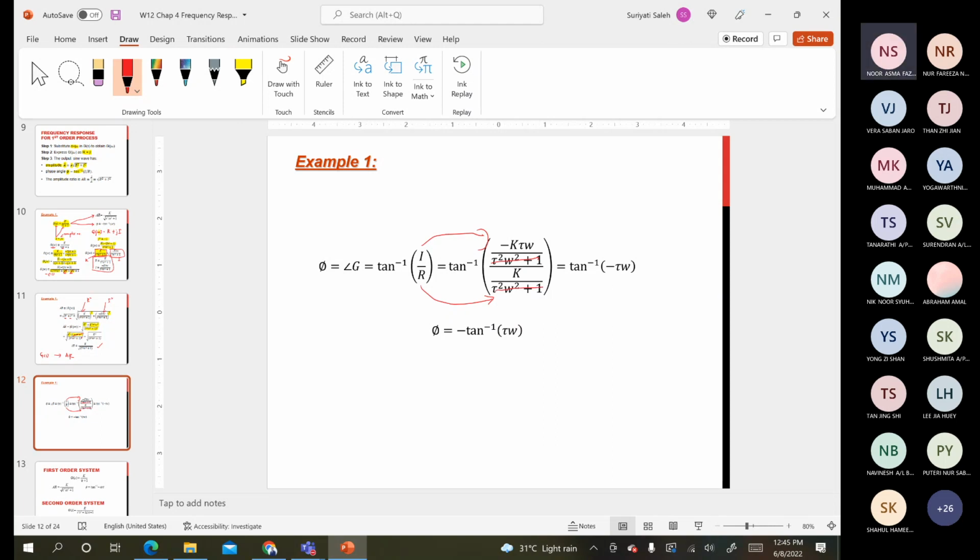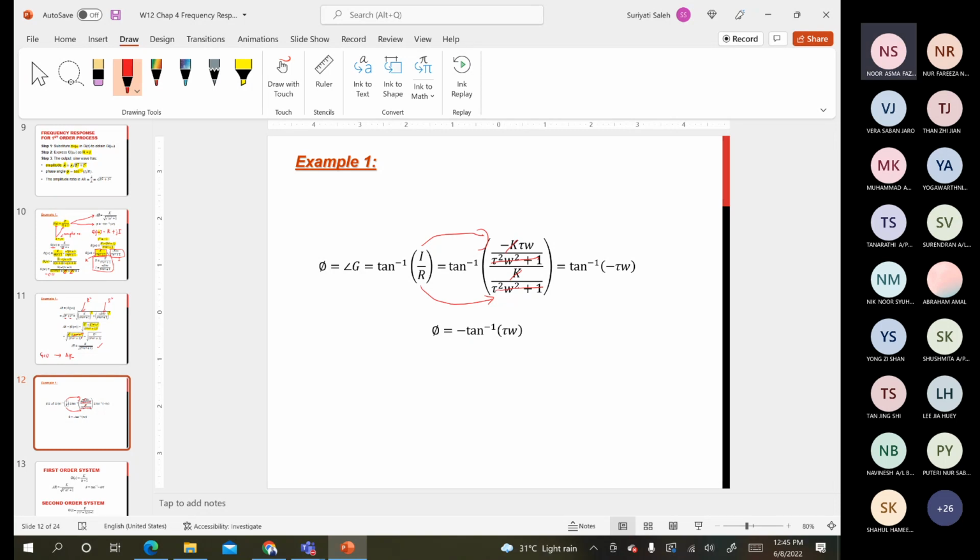So you can eliminate the denominator for both the I expression and the R expression. Similarly, for the k, you can also eliminate it. So that leaves you the tau w inside the term.